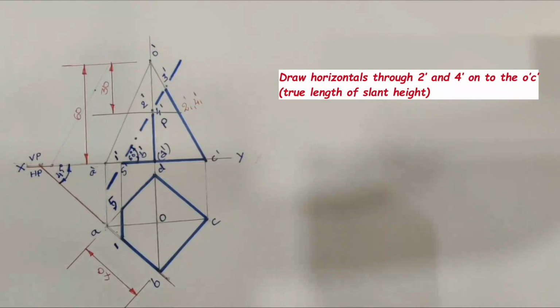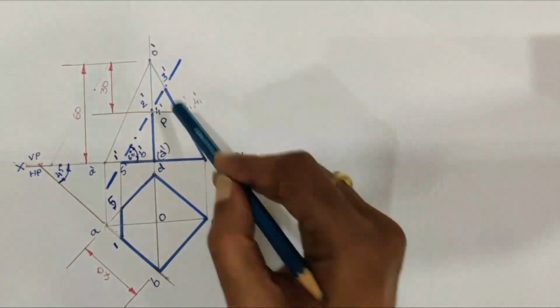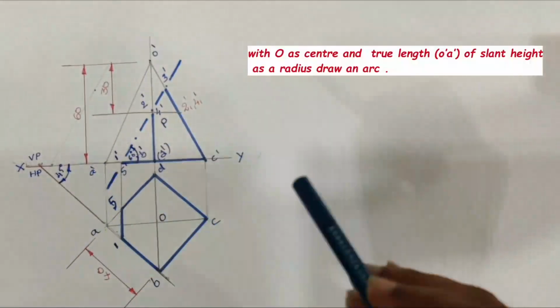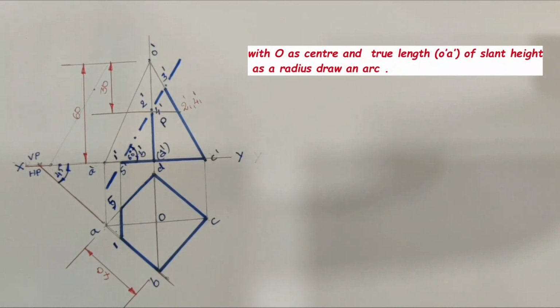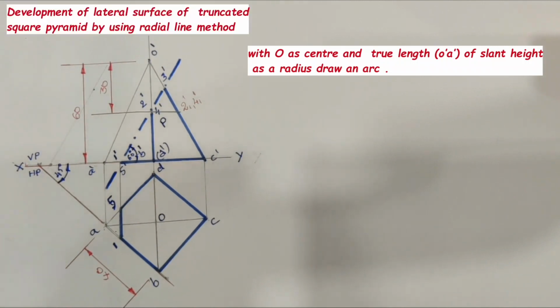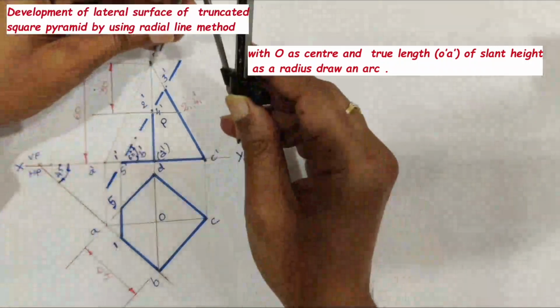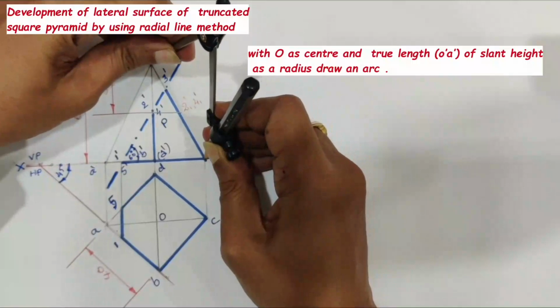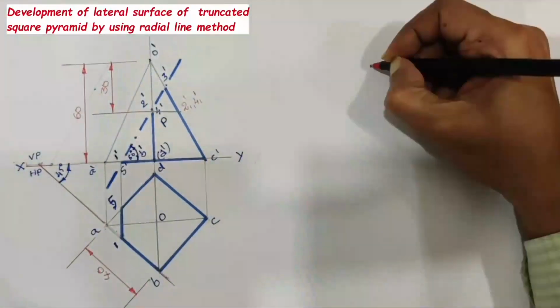With O dash C dash or O dash A dash as a radius, that is true length of slant height, and O as a center, draw an arc for the development of lateral surface of square pyramid. The method which we are using is radial line method.